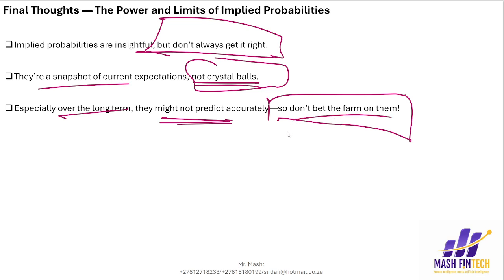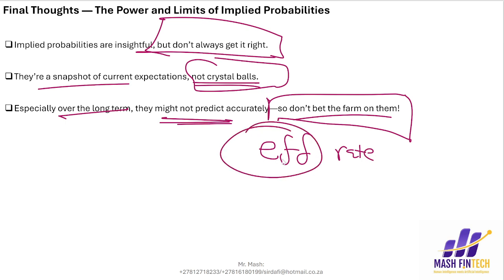I live in South Africa. I'm from Zim, and we have a party called the EFF, the comrades. This stands for Economic Freedom Fighters. That's the political party. And yeah, I just thought about it when I was looking at this EFF, effective federal funds rate.